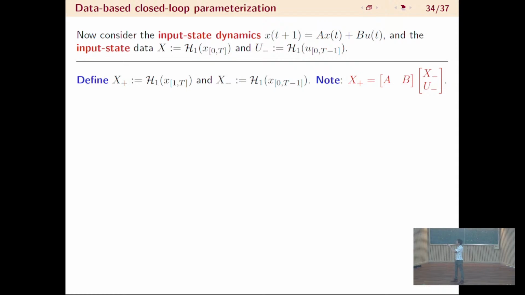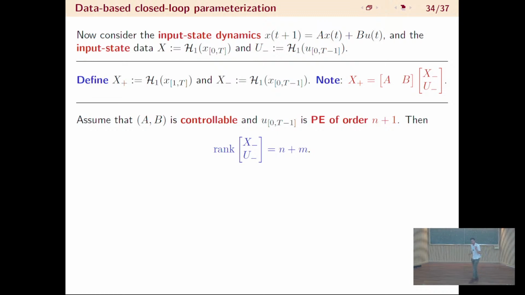And X minus starts at time 0 and goes to t minus 1. Note that by defining these shifted state matrices, we of course have the following relation: the shifted states starting at time 1 are [A, B] times [X minus; U minus], the states and inputs at the previous time, right?